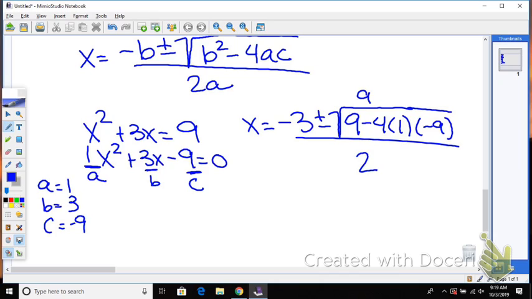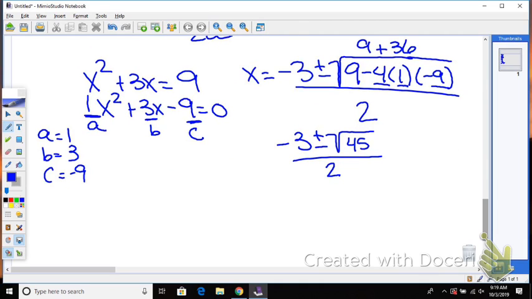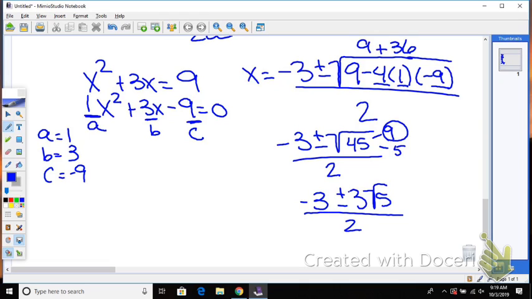And in my work, I have us simplifying the radical. I'm actually okay if we want to type this in and just get decimals today. When we simplify the radical, 45 is 9 times 5. What's the square root of 9? 3. So when I do this, I have -3 plus or minus 3 times the square root of 5, all divided by 2.